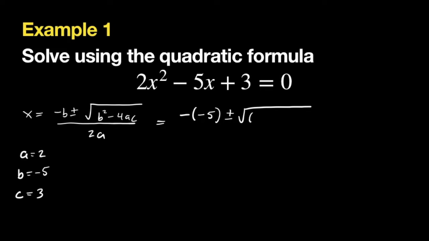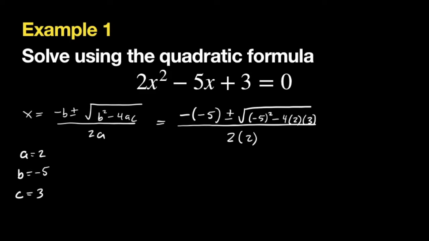So we have negative 5 squared minus 4a, where a is 2, so 4 times 2, and c is 3. And everything is going to be divided over 2 times 2, 2a.